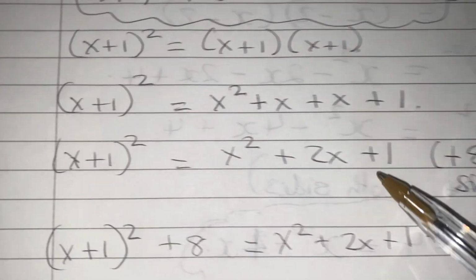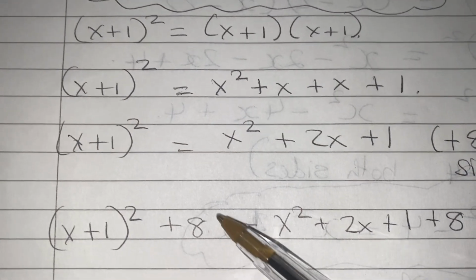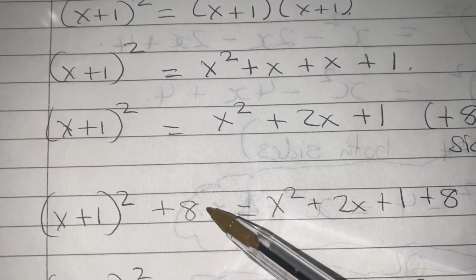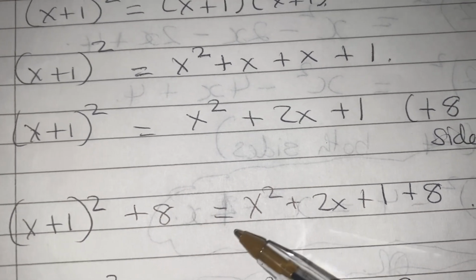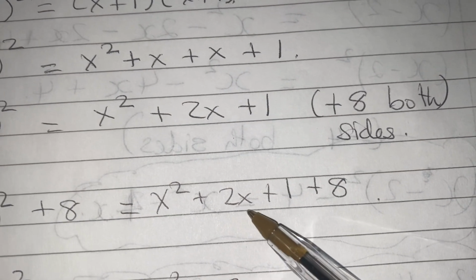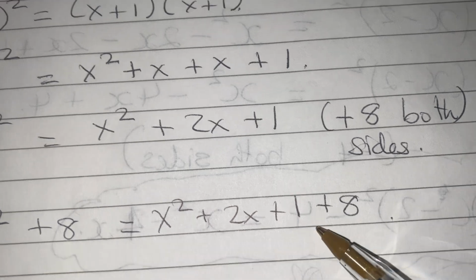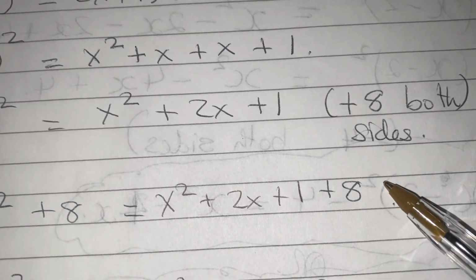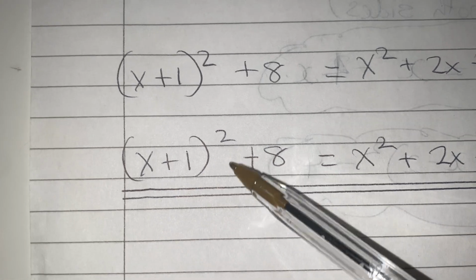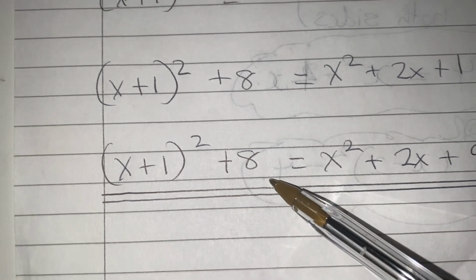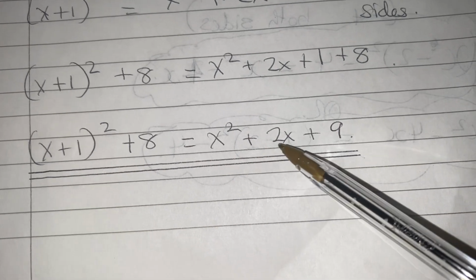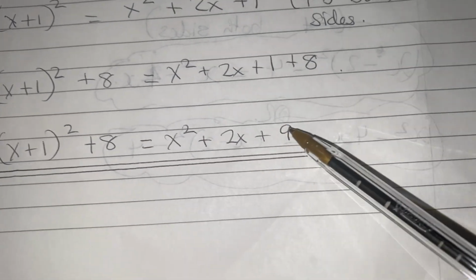If I add 8, I have x plus 1 all squared plus 8 equals x squared plus 2x plus 1 plus 8. So now I have x plus 1 all squared plus 8 equals x squared plus 2x plus 9.